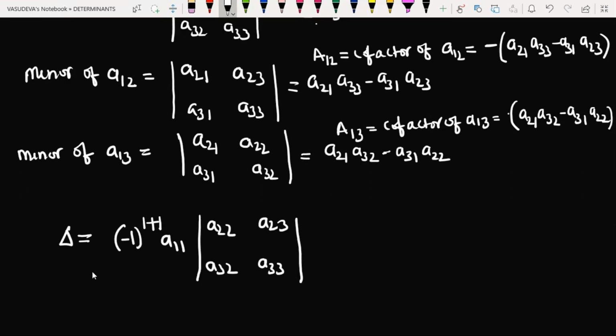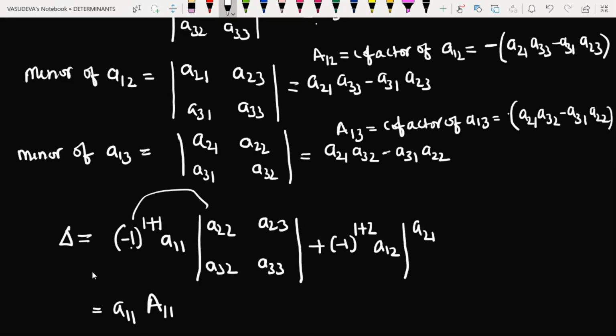So this is very simple, this is equal to A11 into, combining these, the cofactor of the element A11. Then plus minus 1 to the power of 1 plus 2 into A12 into the determinant of A21, A23, A31, A33.